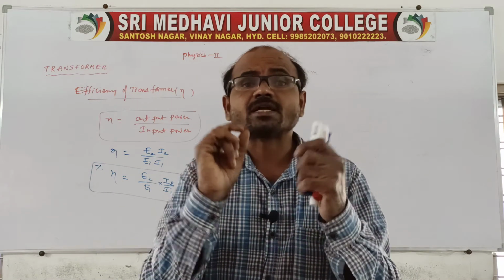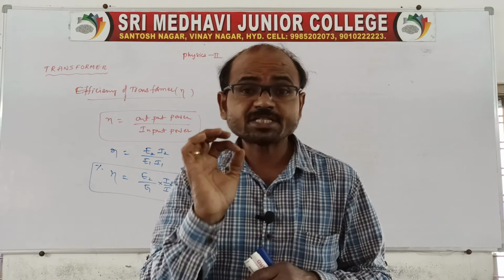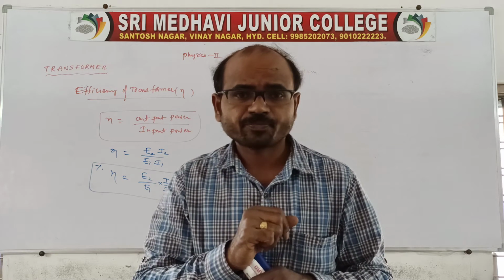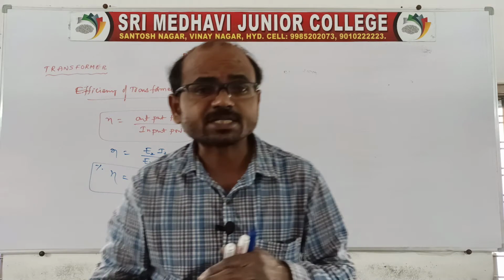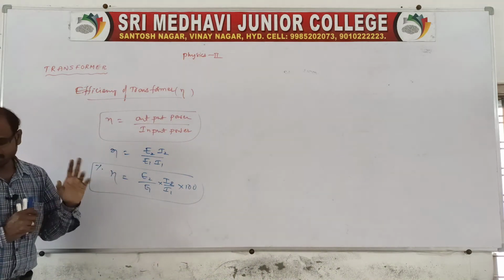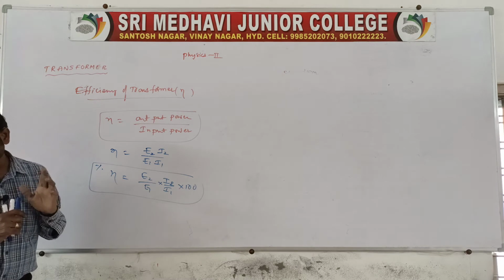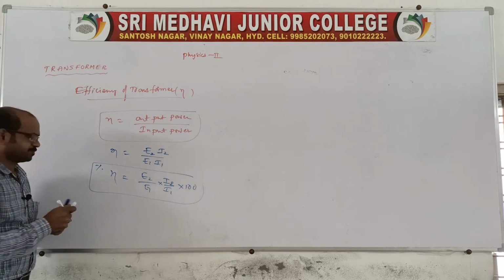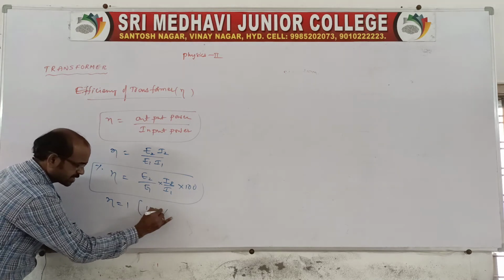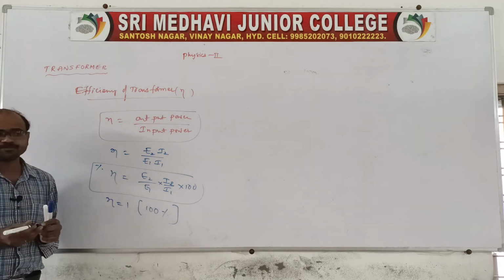That means it is 100%. The efficiency of an ideal transformer is 100%. Clear? This is the transformer theory and the efficiency of a transformer. Everyone remember? For an ideal transformer, eta is equal to 1, which means 100% efficiency.